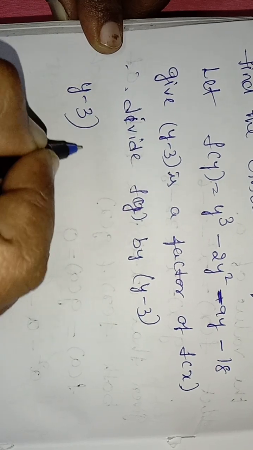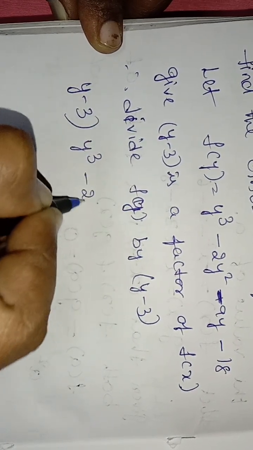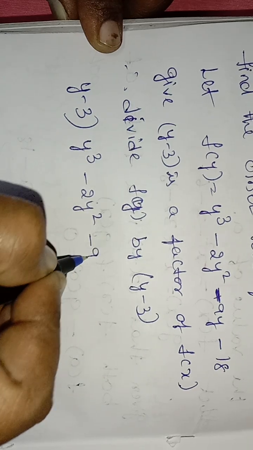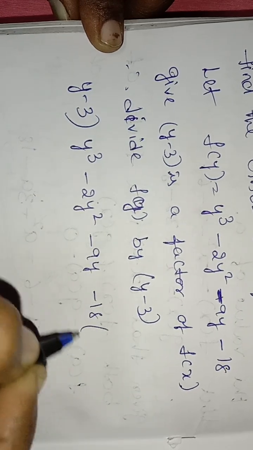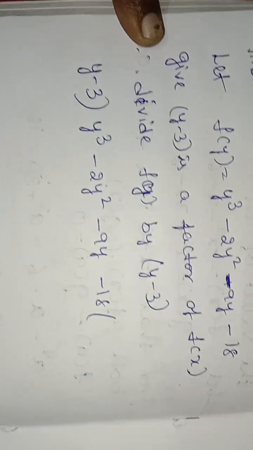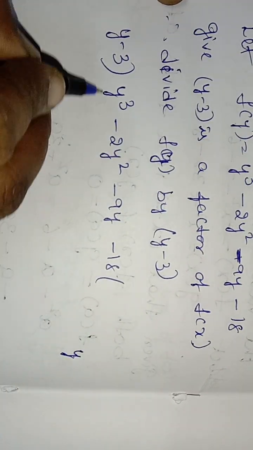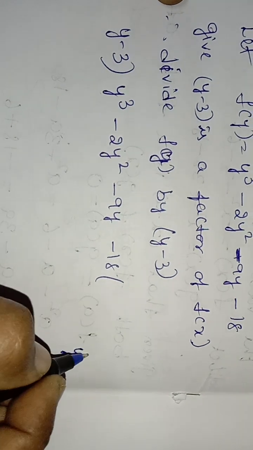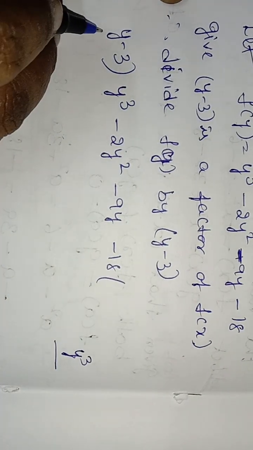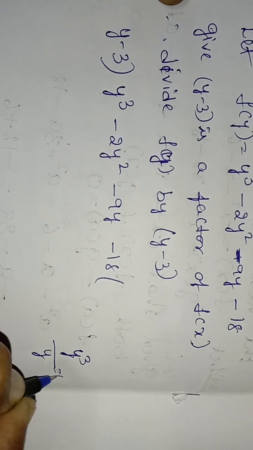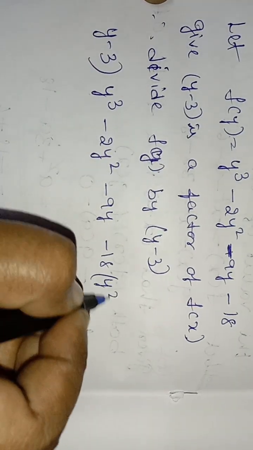Y minus 3, y cube minus 2y square minus 9y minus 18, right? So what is your first quotient you will get here? To find the quotient, take the first term of your dividend, y cube, and the first term of your divisor, y. So what will you get here? Y square.